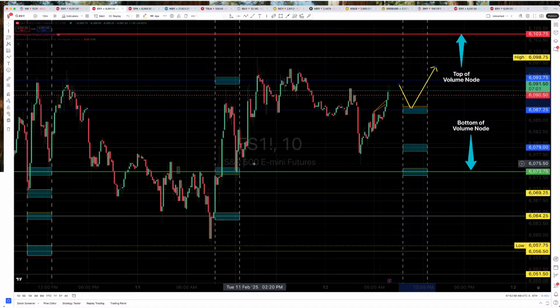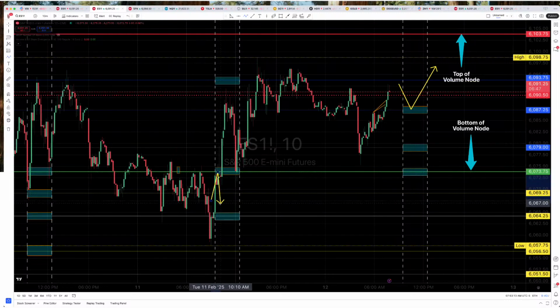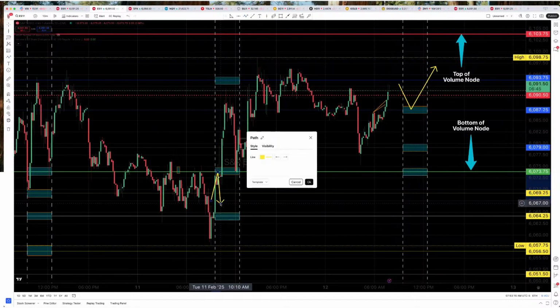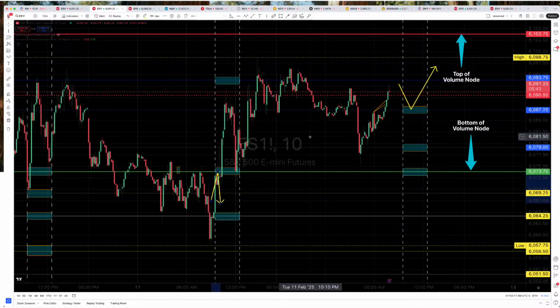All right, and yesterday we had quite a bit of movement. We were choosing a bearish move yesterday, and it looked like that's what was going to happen. In fact, price came right up to the bottom of the node and then went down right at the release of Powell's speech, his prepared notes, and then it just took off and went straight up.